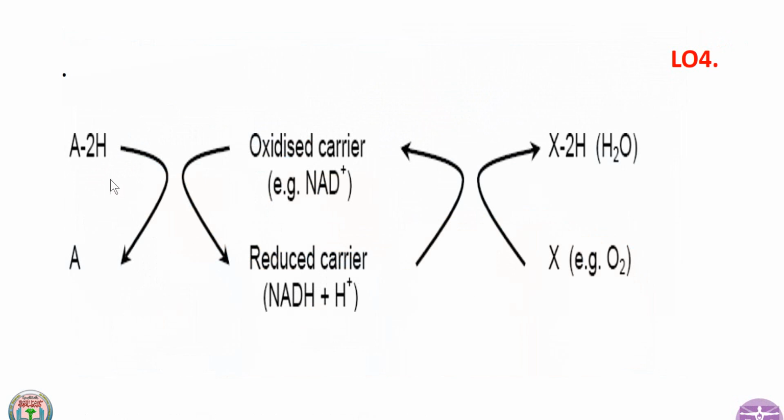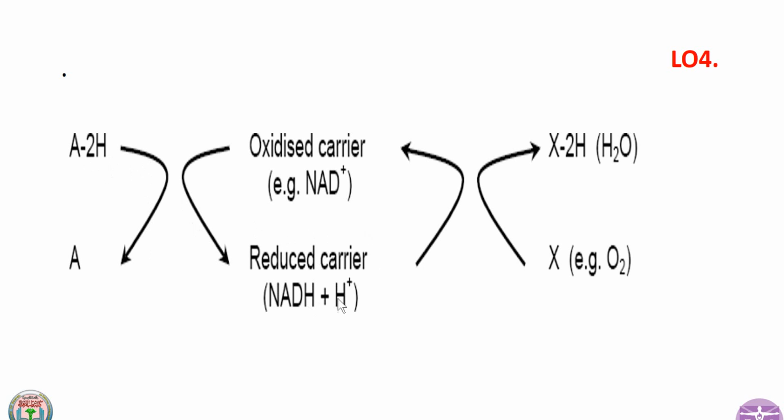In this diagram we can see, to continue the process of oxidation reduction, when there is molecule AH2 converted to molecule A, it releases the hydrogen atoms in an oxidation reaction to NAD, which is converted to NADH, from its oxidized form to its reduced form by gaining hydrogen from this oxidation reaction on the other side.